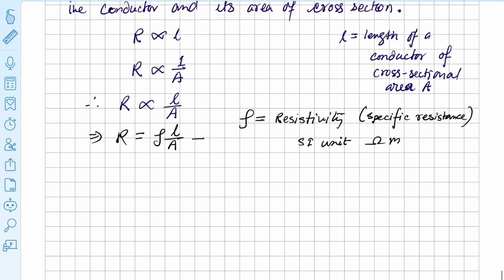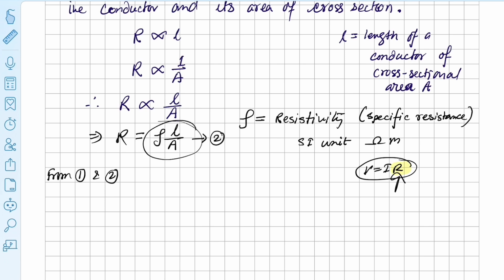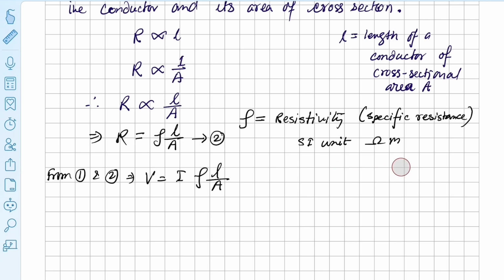This is suppose equation number 1, and this is equation number 2. In equation 1 we have V is equal to IR, and in equation 2 we have R is equal to rho L by A. If we replace this R by this value, then from 1 we're going to have V is equal to I into rho L by A.